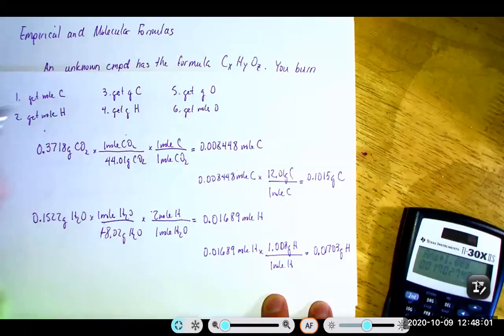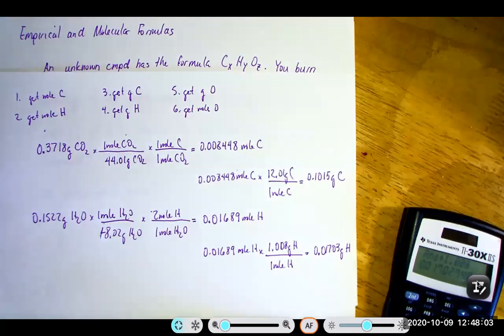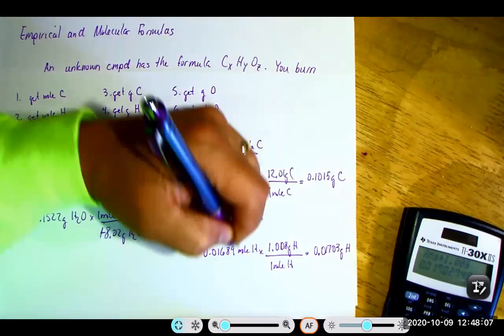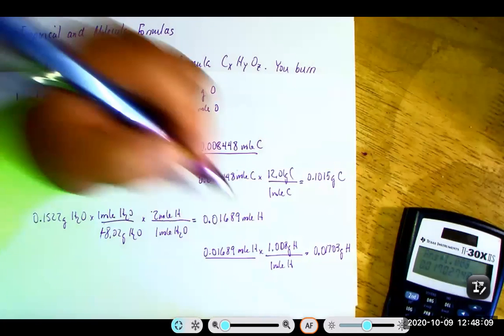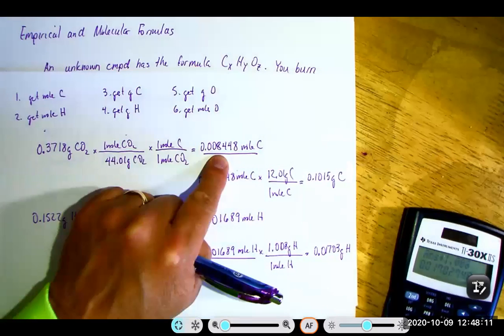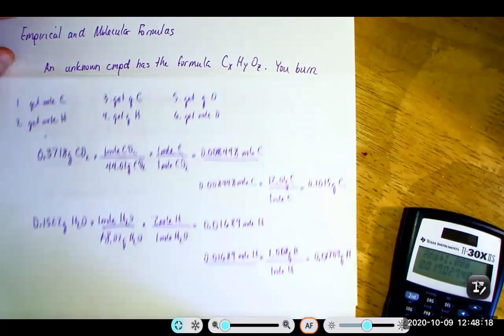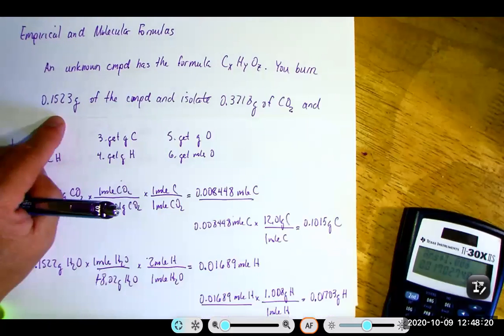Okay, so far we have this number here for the moles of carbon, this number here for the moles of hydrogen, and I would argue that this number is smaller and this number is larger, right? But we need the moles of oxygen. Well, we know that the compound weighs 0.1523 grams.